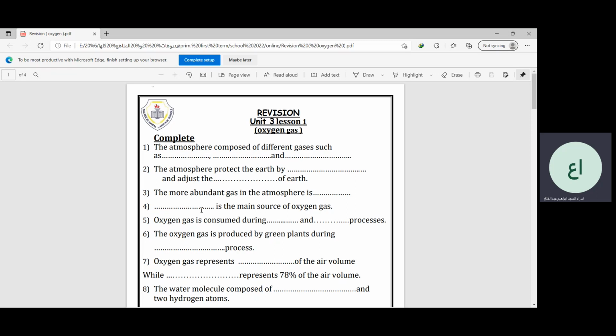Number 5, oxygen gas is consumed during. The word consumed means it is used up during two processes: respiration process and combustion process or burning process.